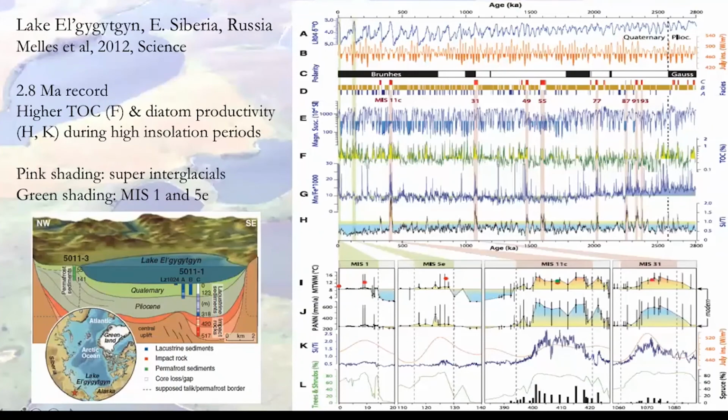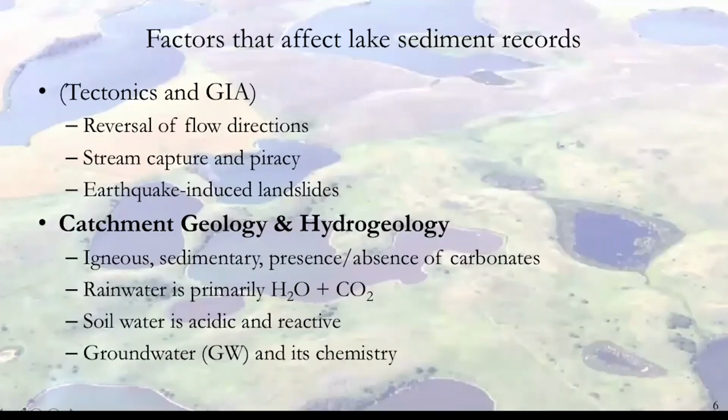Some periods show super-interglacials, with mean temperatures of warm months reaching over 10 degrees in this location in Siberia. That's quite amazing.